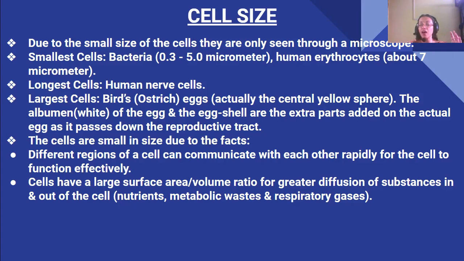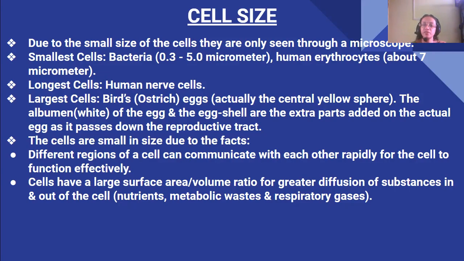So it has a large surface area by volume ratio, so that these functions can go on very easily. So these two points are the reason why the cell is small in size. I think you have understood this.